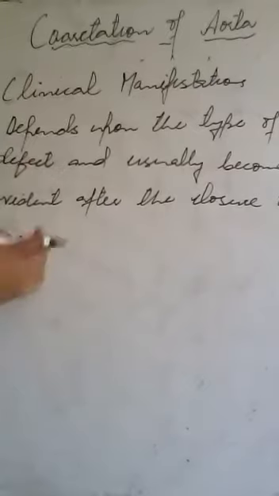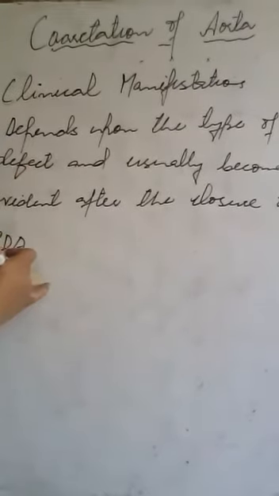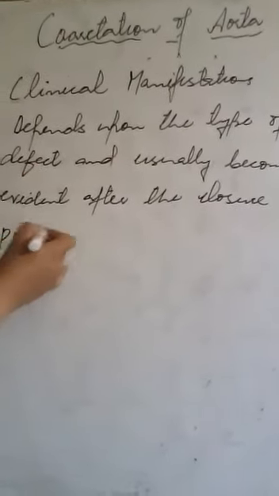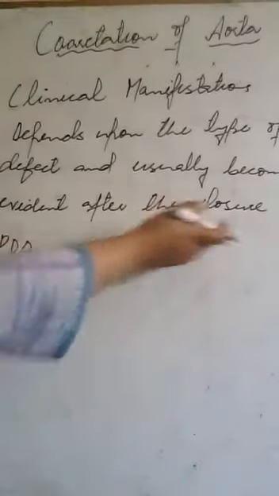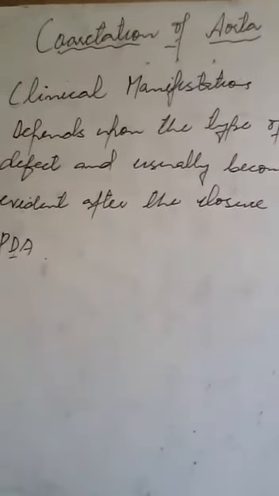Coarctation of aorta may exist as preductal or postductal, so that is why it becomes evident after the closure of PDA. Now you will see the signs and symptoms.